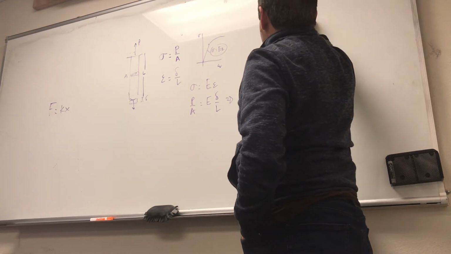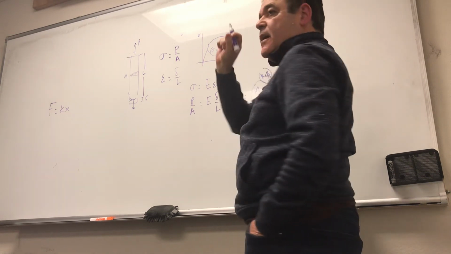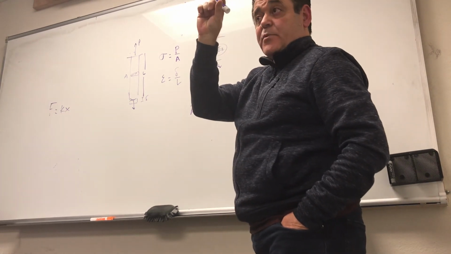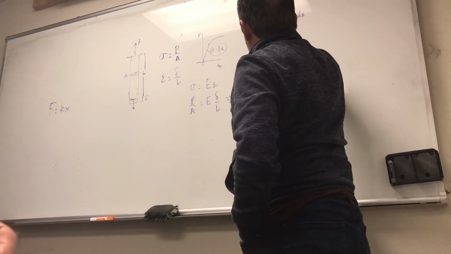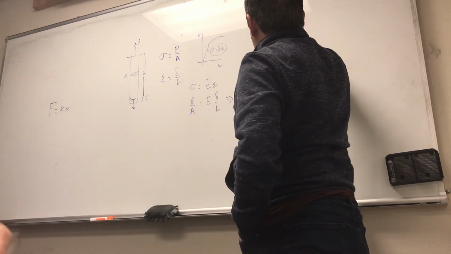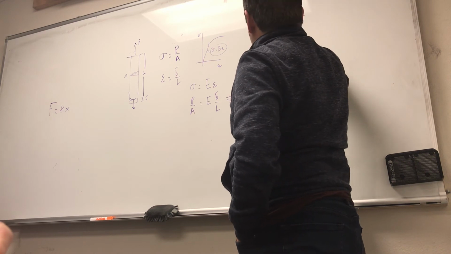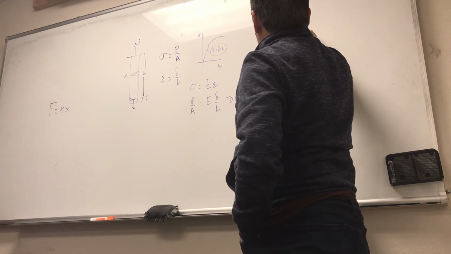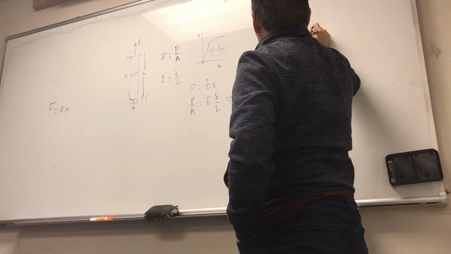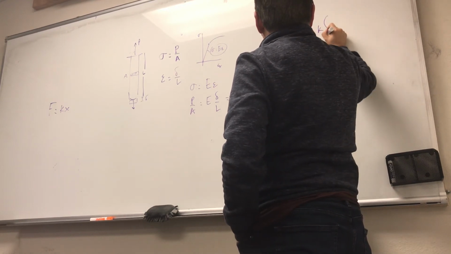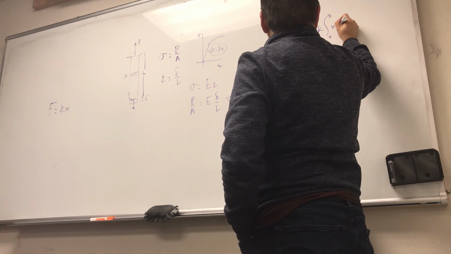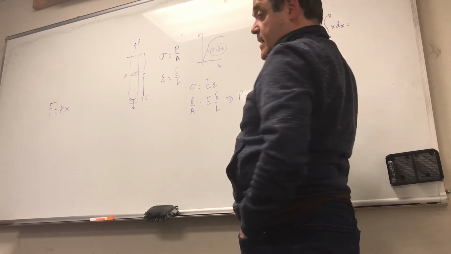So if the force is Kx, dW is the force times an elementary displacement, which is dx, right? So if you want to find the entire work, I have to do what? Integrate this between 0 and x of kx dx. If k is constant, it can come out. So it's k times the integral from 0 to x of x dx. What is the integral of x dx?